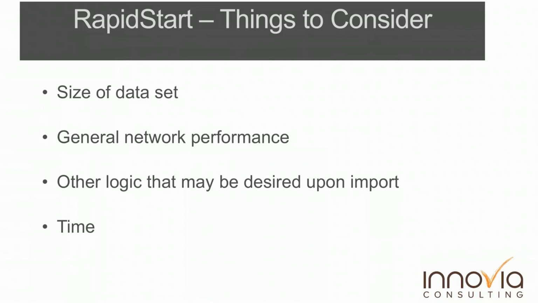And then other logic that might be desired upon import. So, XML ports and data ports still have a role when we want to build logic into the data that we're bringing into our system. So, RapidStart is a great tool set, and we are big believers, but it is not always the right solution for every problem.